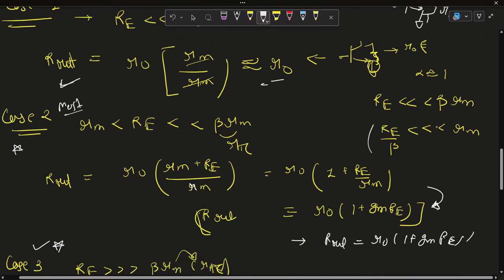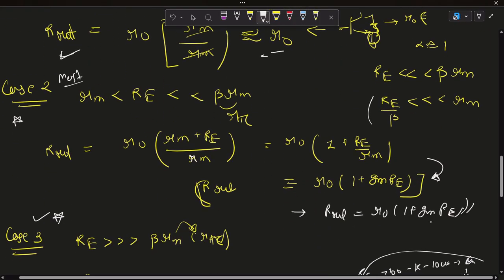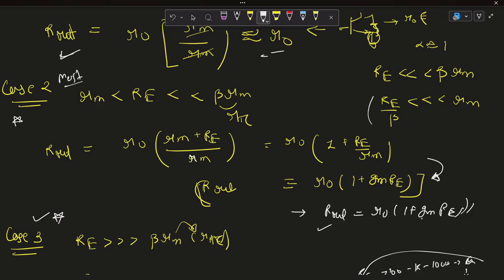But in most cases, we are using this configuration as it is much more reliable. R out is R naught (1 plus Gm Re), and if we stack more BJTs, then we will get a gain of Gm R naught squared.